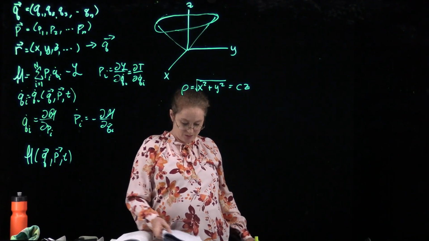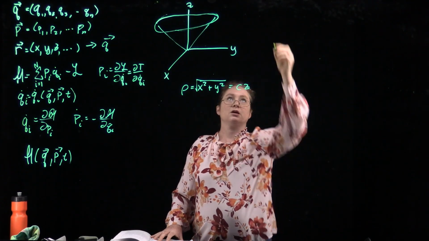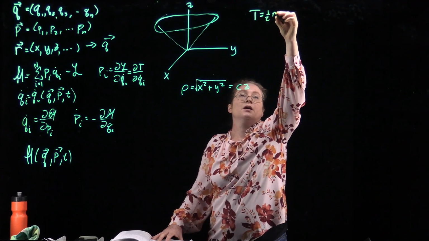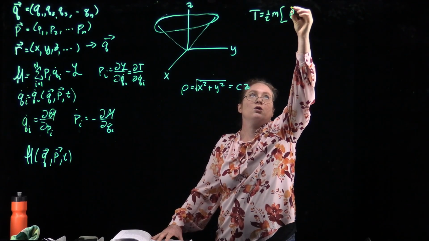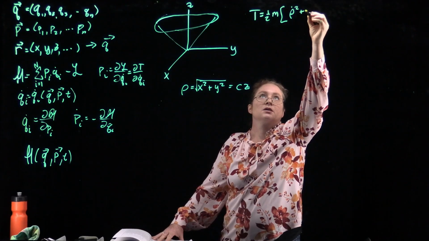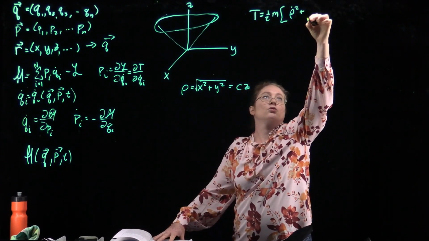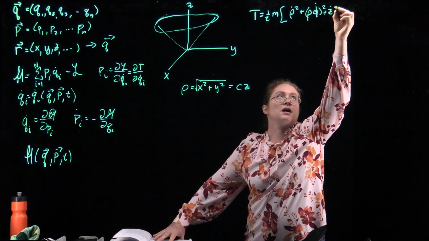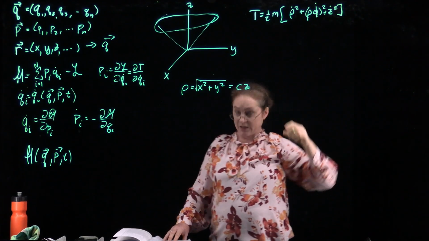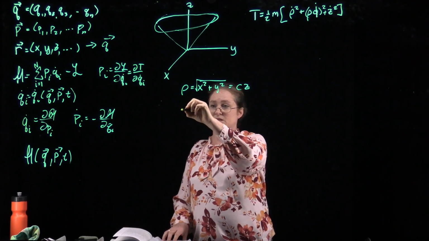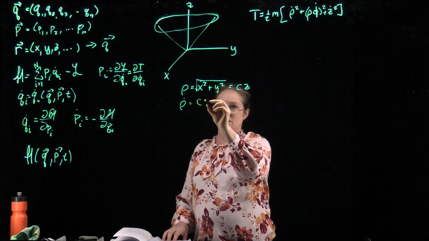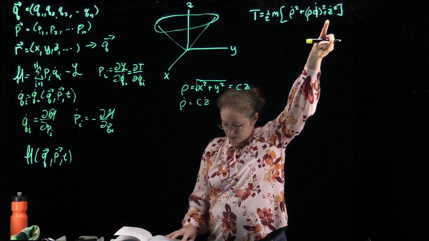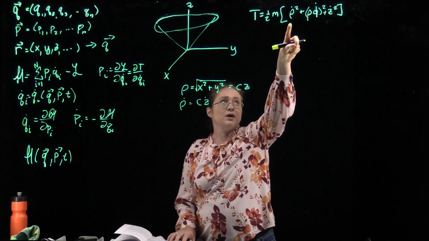And then we can write our kinetic energy as 1/2 m times rho dot squared plus quantity rho phi dot squared plus z dot squared. And because rho is c times z, that means that rho dot is c times z dot.